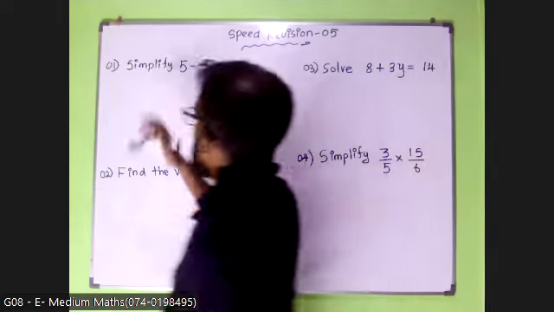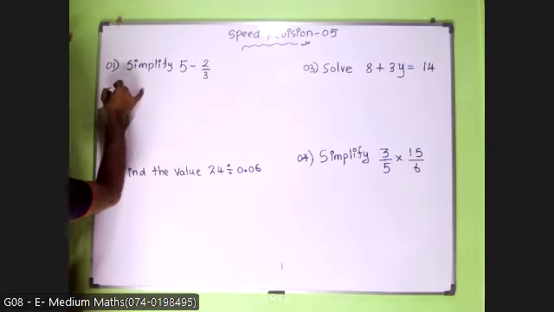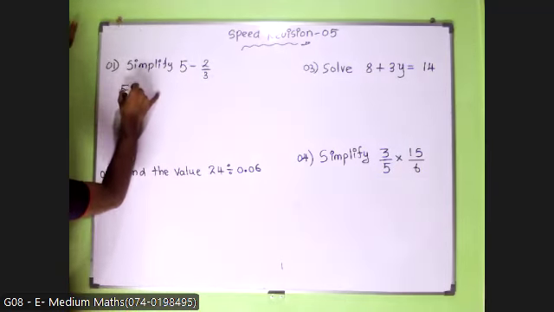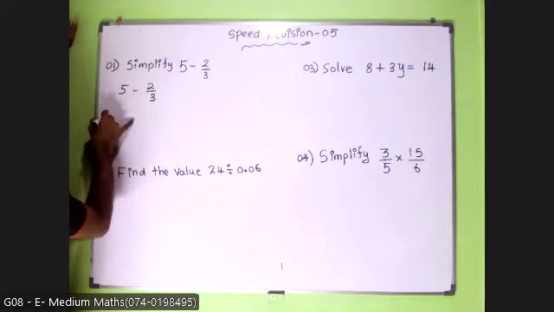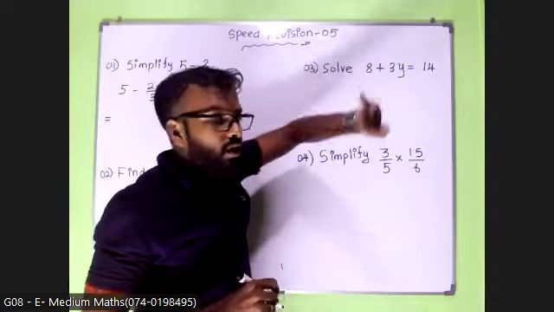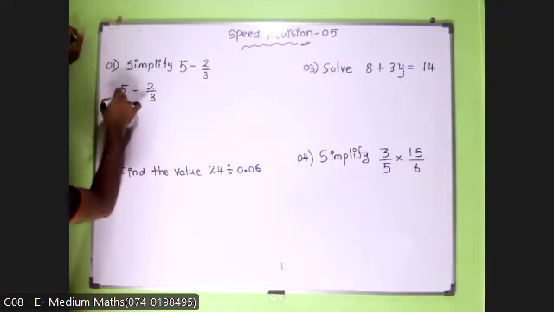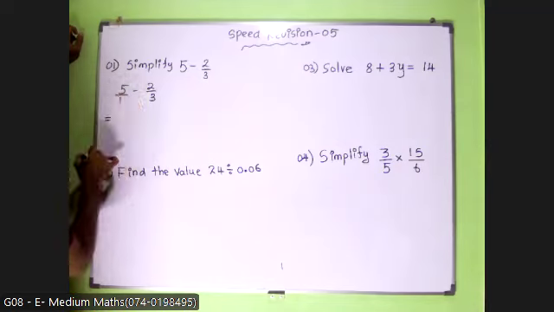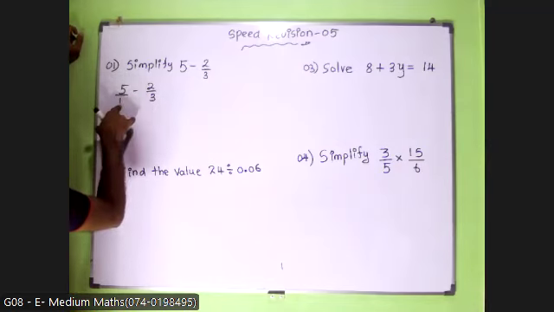Look at the 5 minus 2 upon 3. You can provide the answers when I am writing. So 5, what is the denominator value of 5? Numerator is 5, denominator is 1. So these are two different denominators.